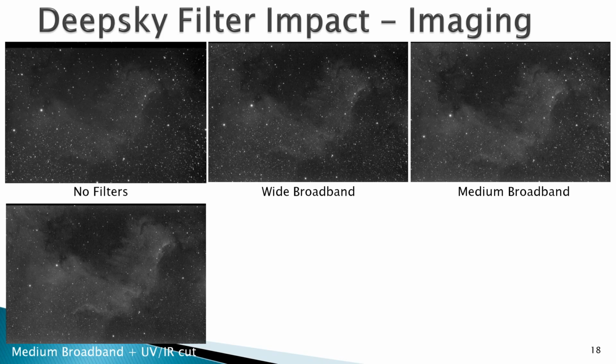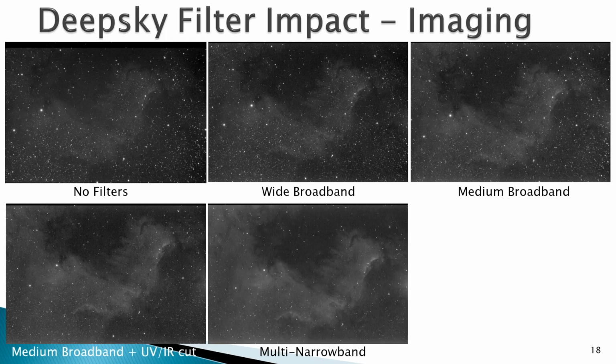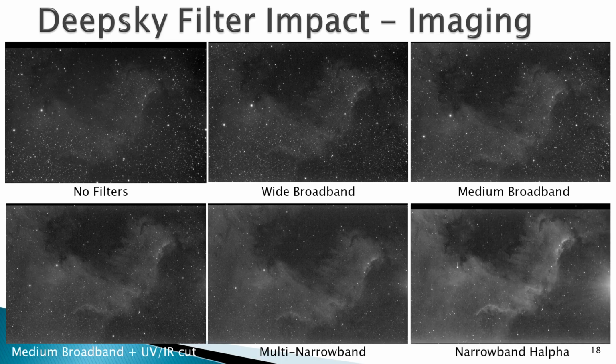Further improvement in contrast is achieved by moving to progressively narrower band passes. First, a multi-narrowband filter, and finally, a narrowband hydrogen alpha filter. Note that all 6 images have the same total exposure time of 5 minutes.